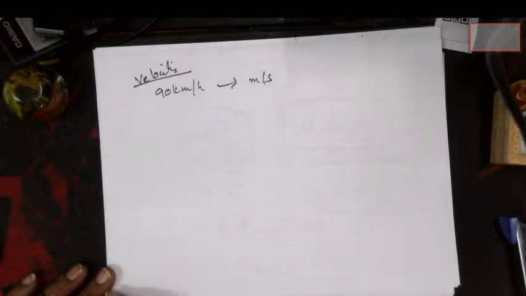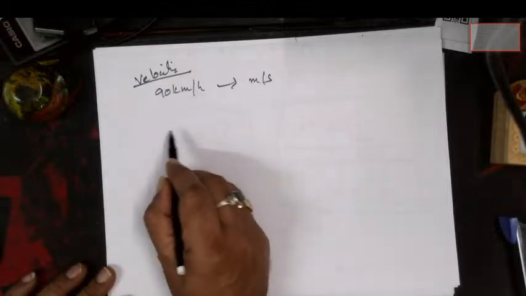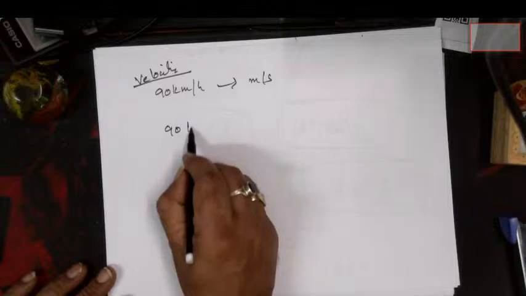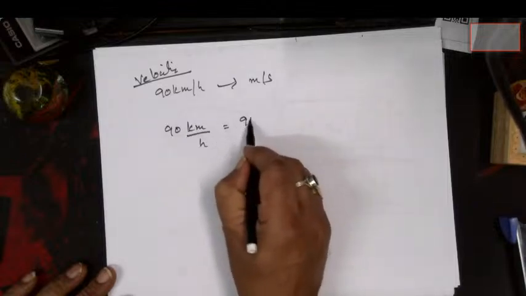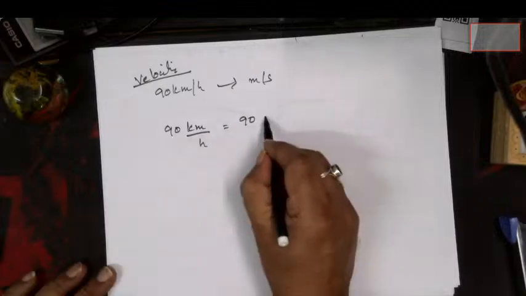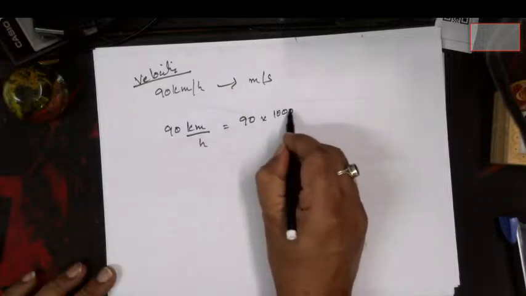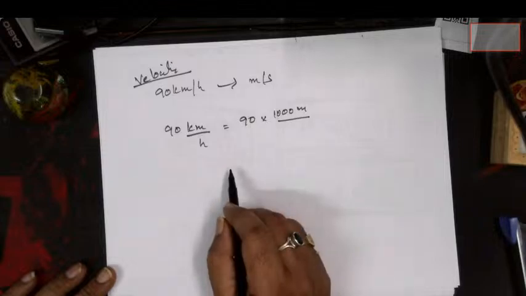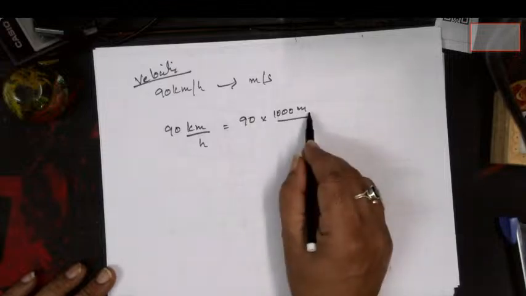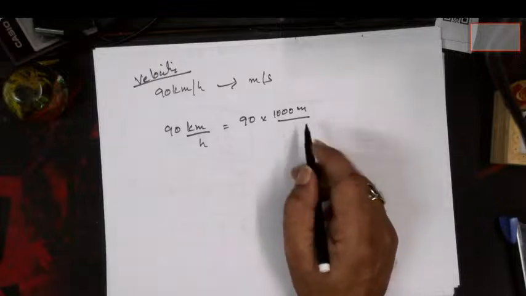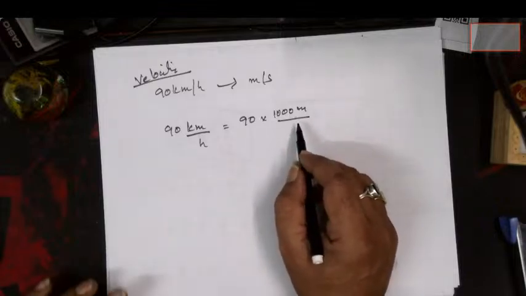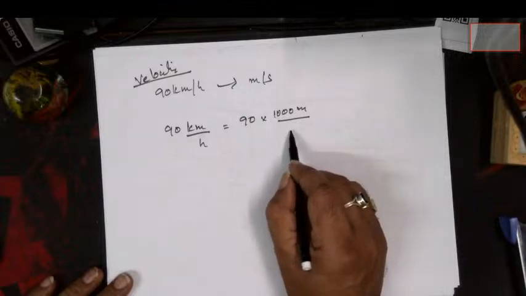So 90 kilometer per hour is equal to what? 90, and then kilometer is nothing but 1000 meter, divided by... Here we want to convert this into meter, so you can put 1 kilometer is 1000, is it not?